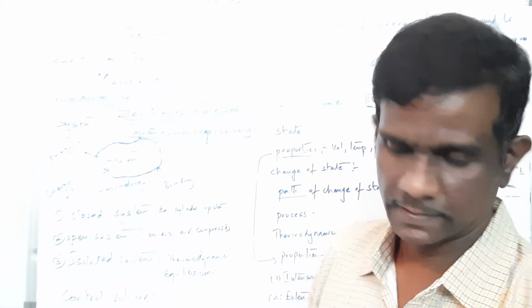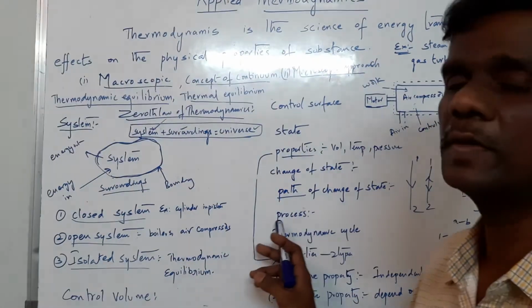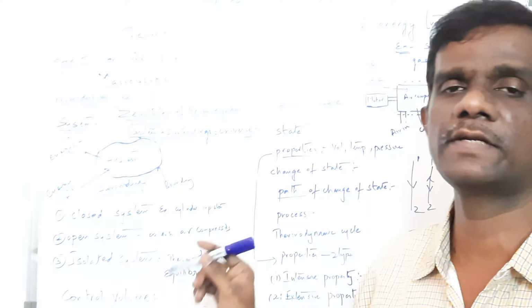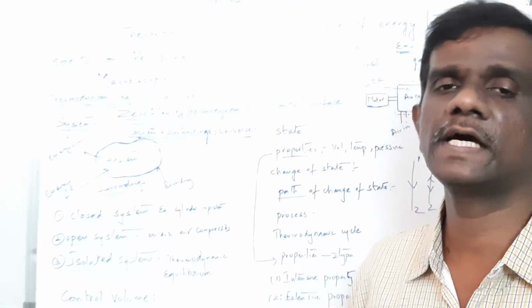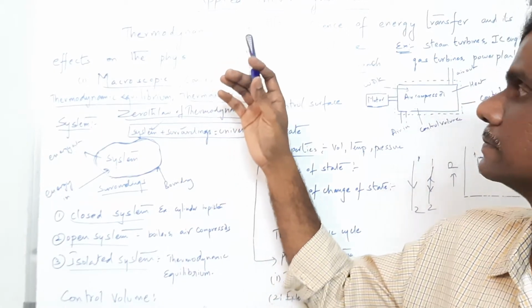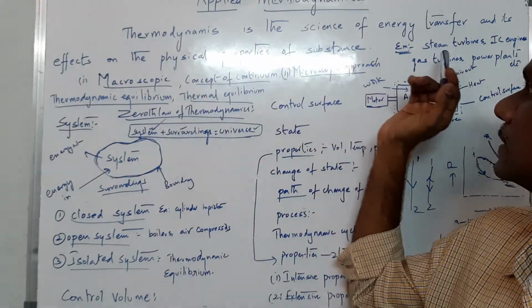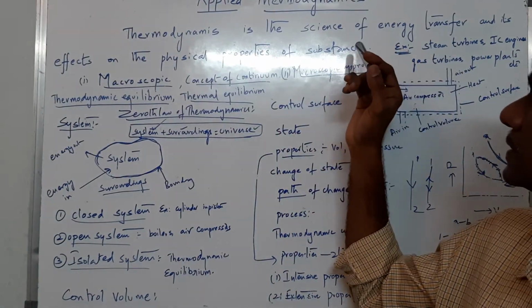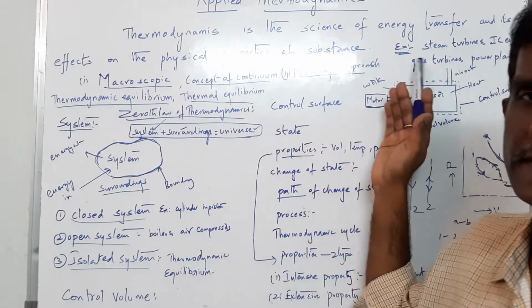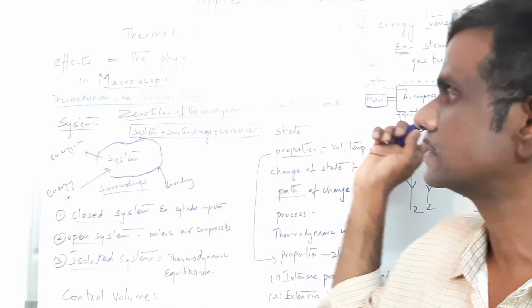Next, homogeneous and heterogeneous. Homogeneous means a single phase and heterogeneous means more than one phase. So in this class we discussed thermodynamics, the importance of thermodynamics, the definition of thermodynamics, and the applications we are going to study.